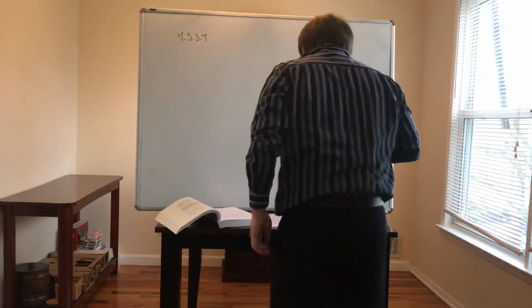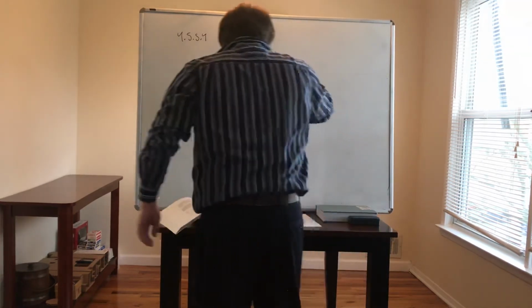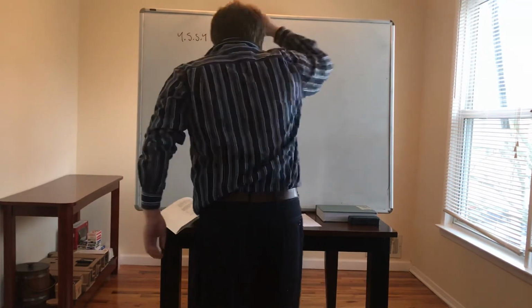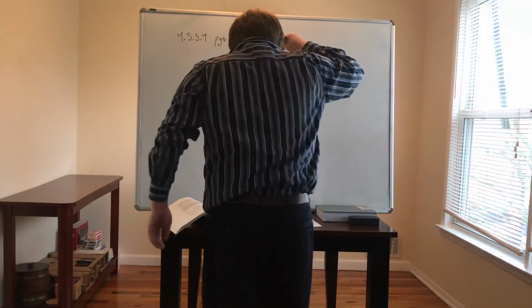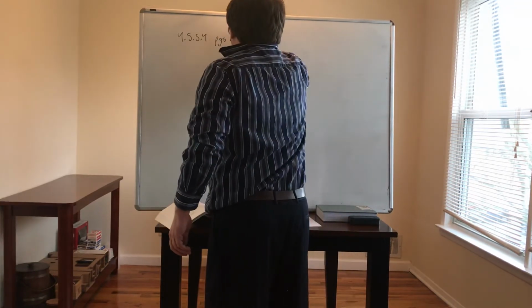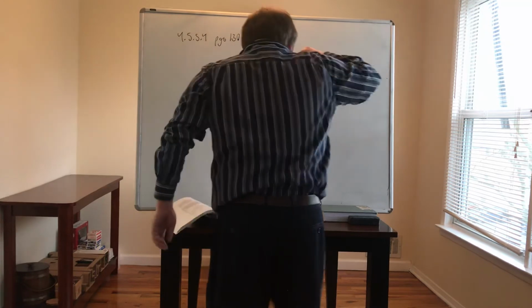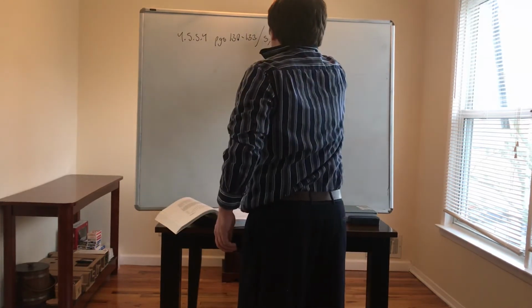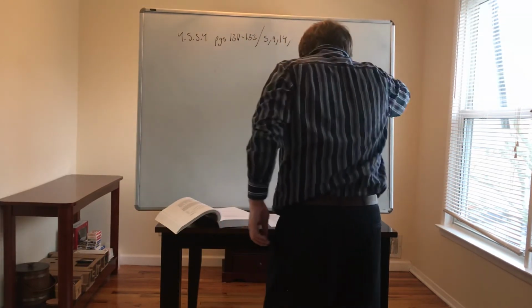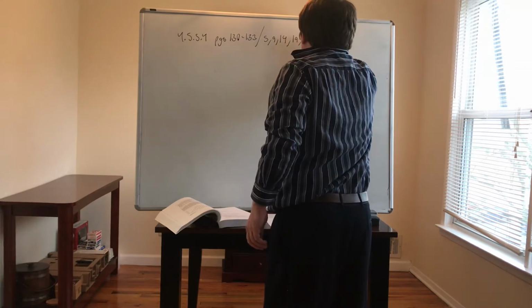The next section is 4.5, pages 130 to 133, and the numbers are 5, 9, 14, 19, 24.